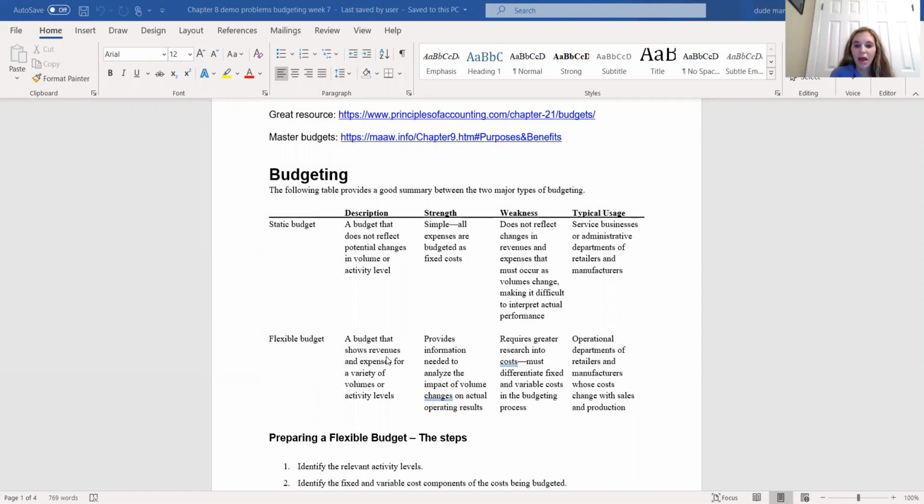So you can see that we have a couple different comparisons in terms of strengths and weaknesses. Mainly the static budget is very simple and the flexible budget is more complex, but the benefits are more, I think, expansive, and they give us more of a feel for where we're going.